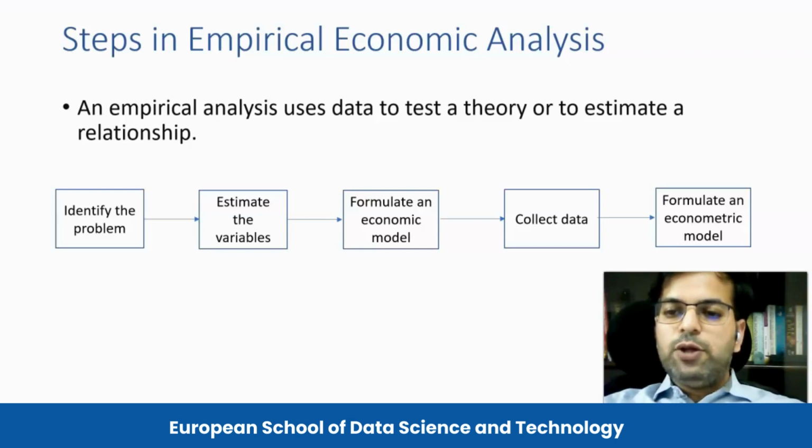You also rely on syndicate databases to provide you with essential knowledge related to the variables that you had estimated in the second stage of this process. And finally, after you are satisfied with the data collection, you move on to the last part, wherein you formulate an econometric model.